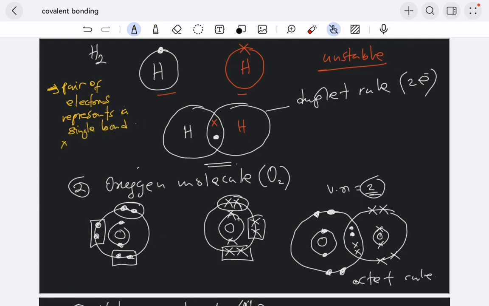So whether it's this pair or this pair or this pair, this represents a single bond.